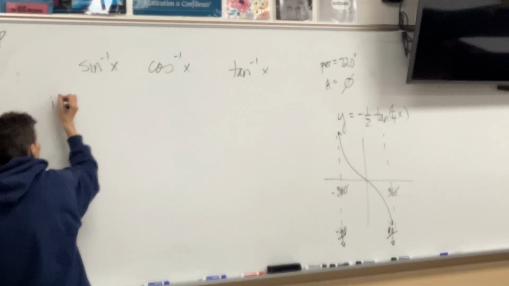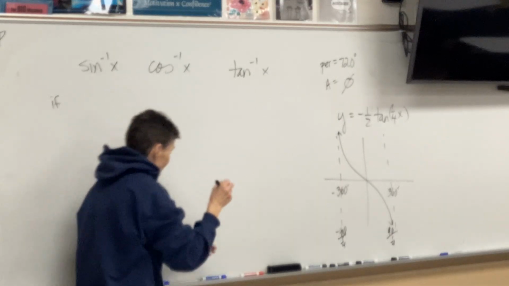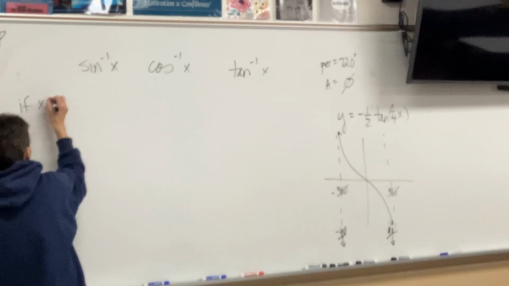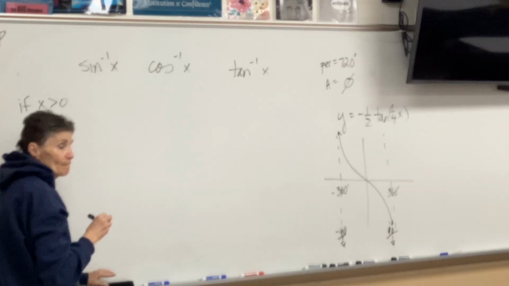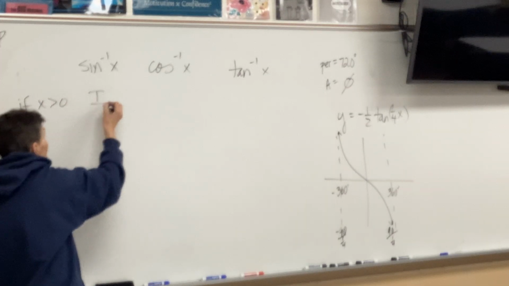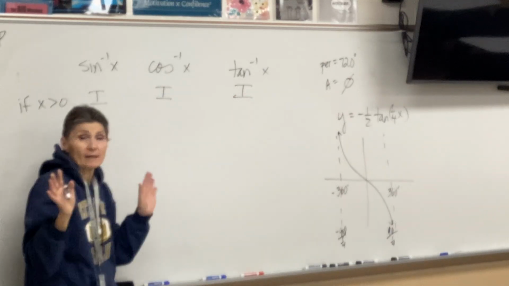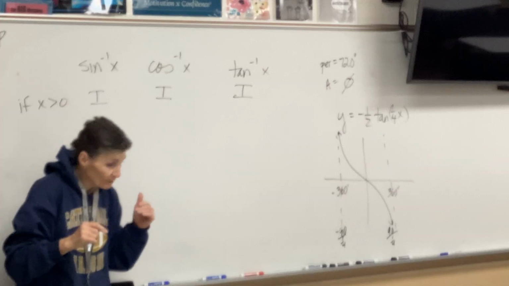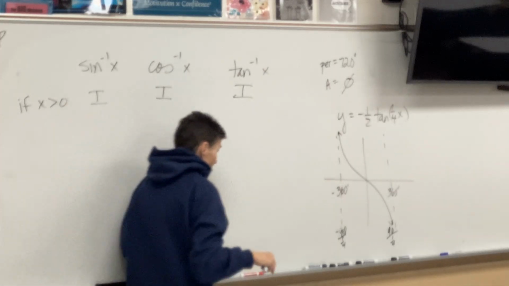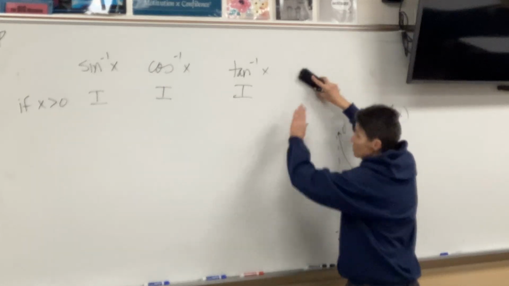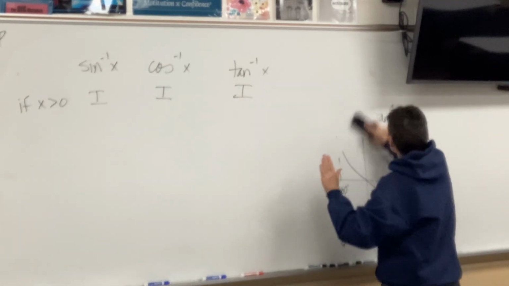So if X is positive, you are going to draw a picture in quadrant 1 for everything. So when I look at the very first problem, I'll do this one along with us. This is what I want on your green sheet.